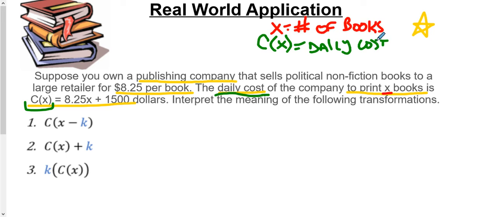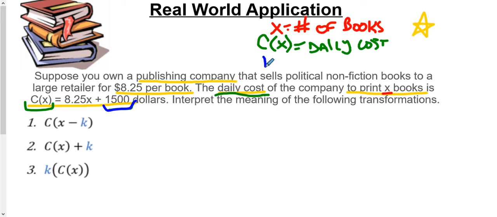So it's $8.25 per book that I print, and also that $1,500 extra. And we talked about that in class. We tried to figure out where that $1,500 extra comes from. And we decided this $1,500 extra, this is the cost of running my company, whether or not I'm printing books.